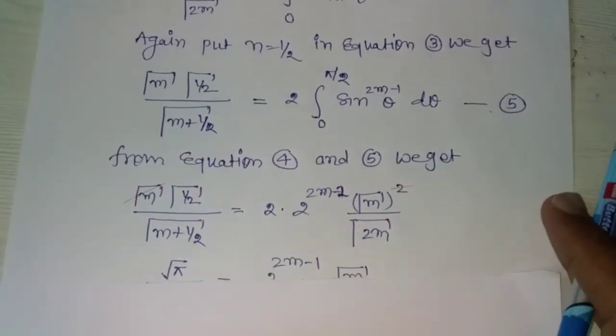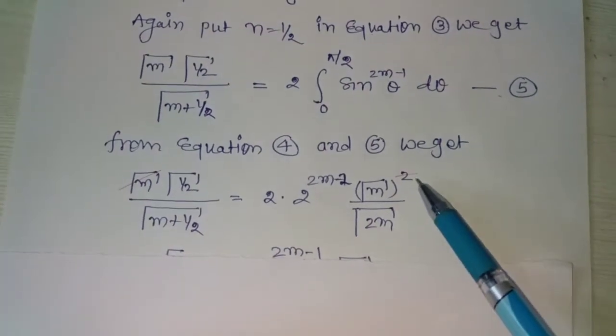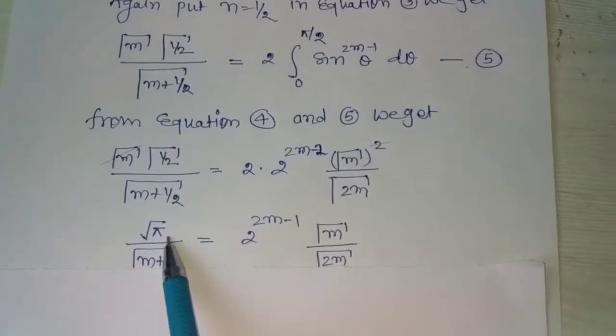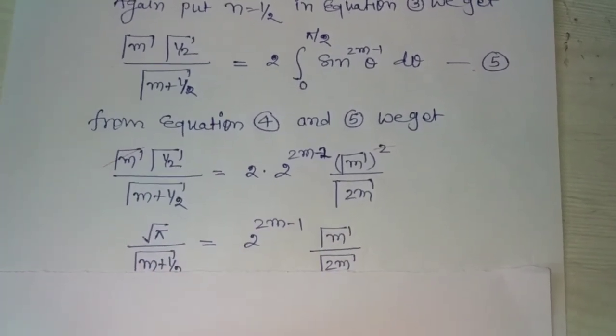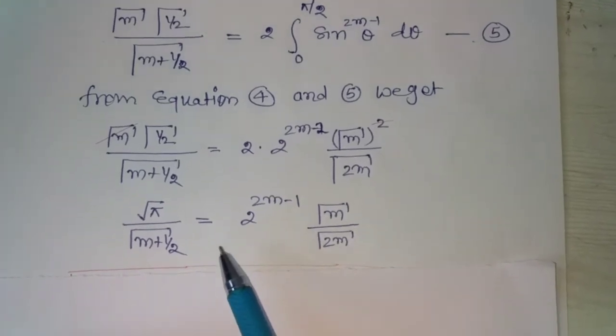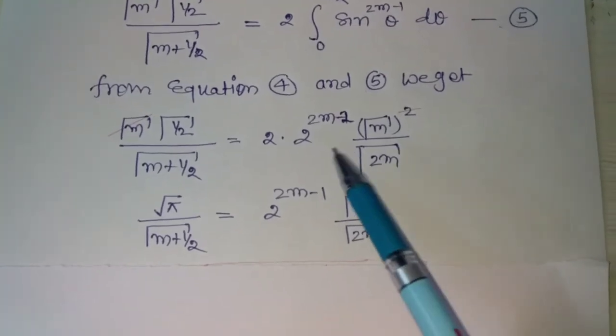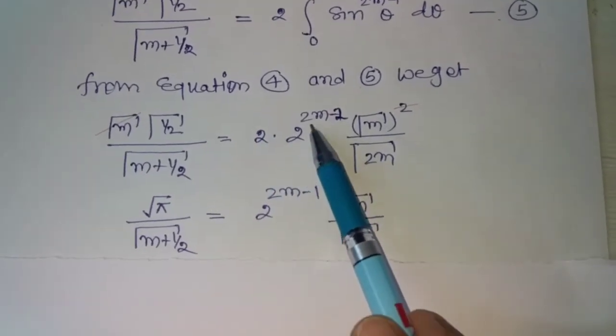Now simplify this relation. Gamma m to the power 1 cancels, and we get gamma half, which is root pi. Gamma half is root pi upon gamma m plus half equal to 2 raised to 1 into 2 raised to 2m minus 2.